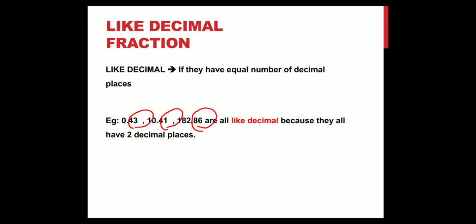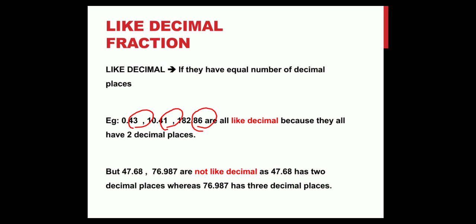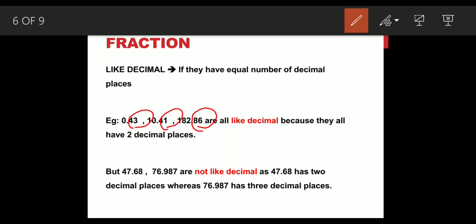Clear? Fine. Let me give another example. Suppose you see the next example, 47.68 and 76.987. These are not like decimal numbers. Why? Because in 47.68, after the decimal point I have 2 numbers.